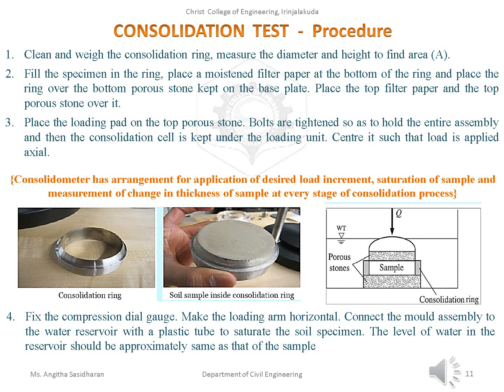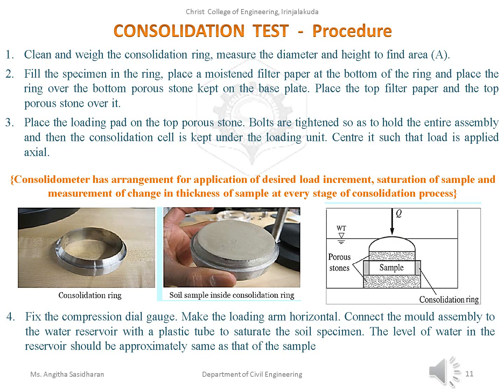After filling the specimen in the ring, we keep a filter paper at the bottom of the ring and place it over that porous stone, and again place a top filter paper and top porous stone over that. After that, we place a loading pad on the top porous stone, and keep this consolidation cell under the loading unit. We have to center it such that the load applied is axial. The load should be coming axially over the specimen.